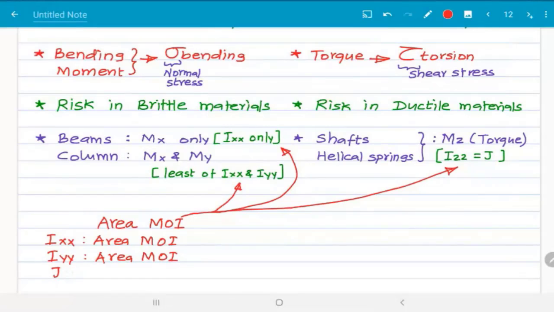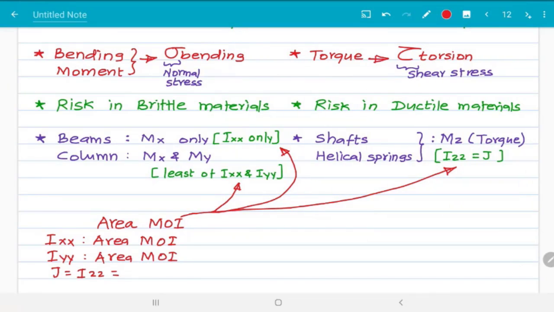J, that is equal to Izz, in case of shafts should be called polar moment of inertia.